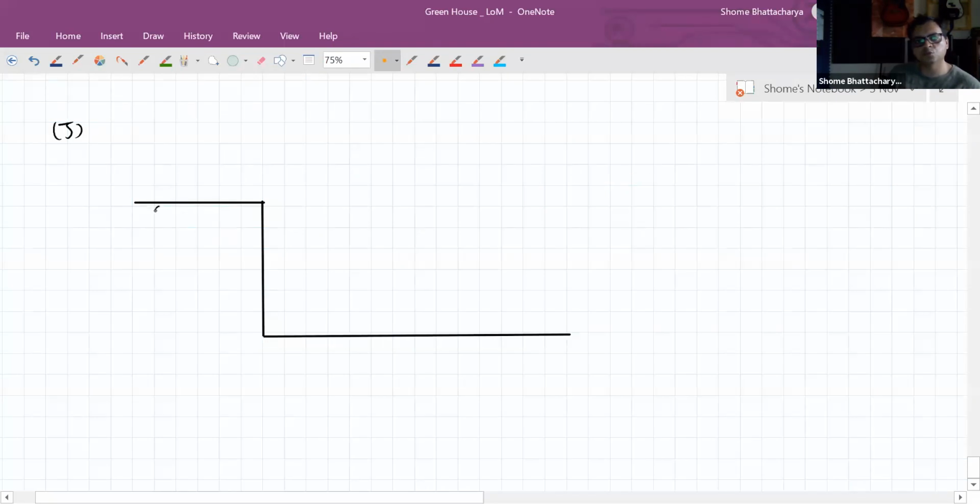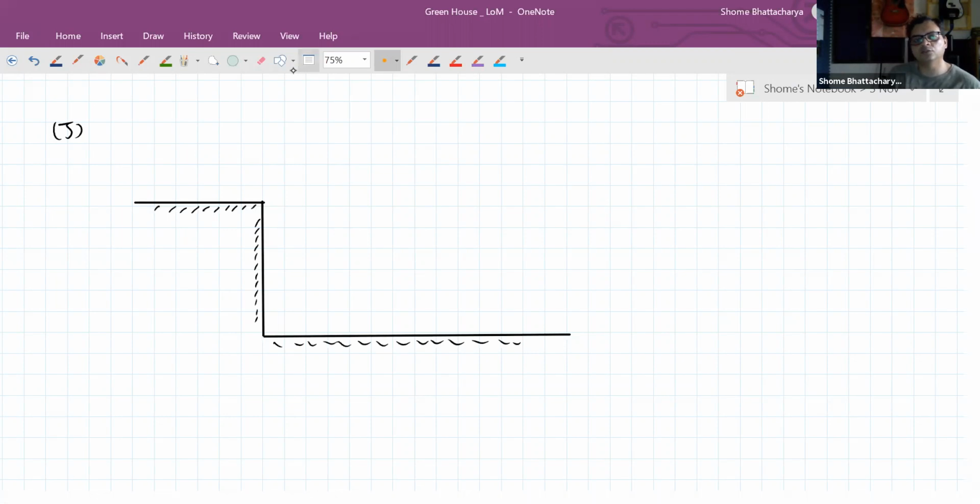Again, this is all smooth. That corner point is also a smooth point, and we have a smooth floor. And now there is this rectangular wedge or block or whatever, which is resting like this.